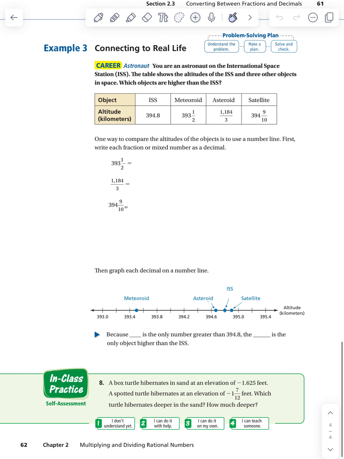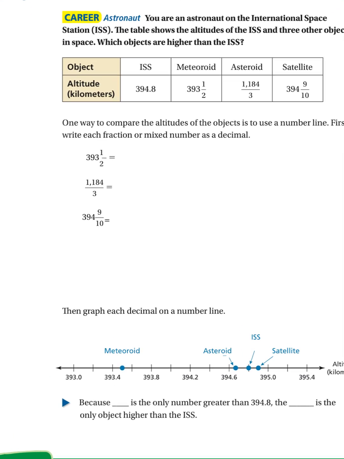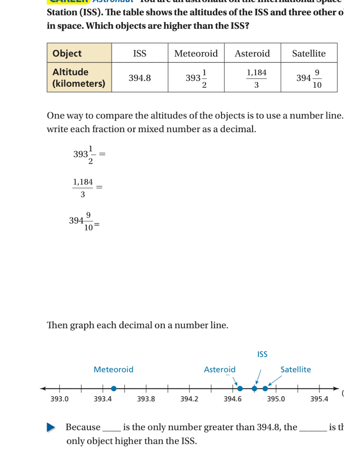Okay, last example. You are an astronaut on the International Space Station. The table shows the altitudes of the ISS and 3 other objects in space. Which objects are higher than the ISS? Well, to be able to compare these numbers, we're going to make them all decimals. Down here we have the meteoroid height, 393 1/2.